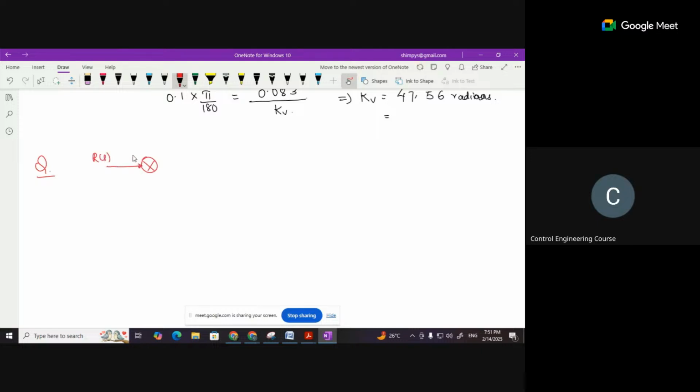This is R(S), this is C(S), and we have this rate feedback loop inside a unity feedback loop.